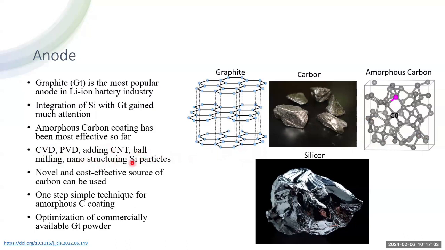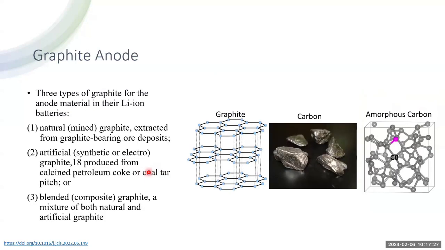Ball milling, two different materials together, and nanostructuring silicon particles. If you can make the silicon particle size nanoscale, it will also give you a good property in your anode. So everything will be discussed in the later slides.